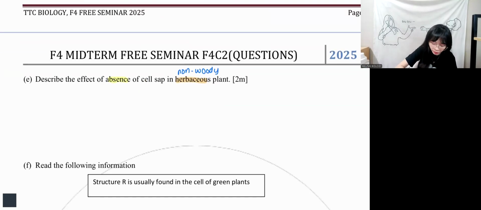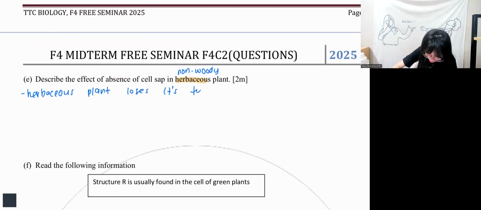So we're going to say herbaceous plants loses its turgidity.